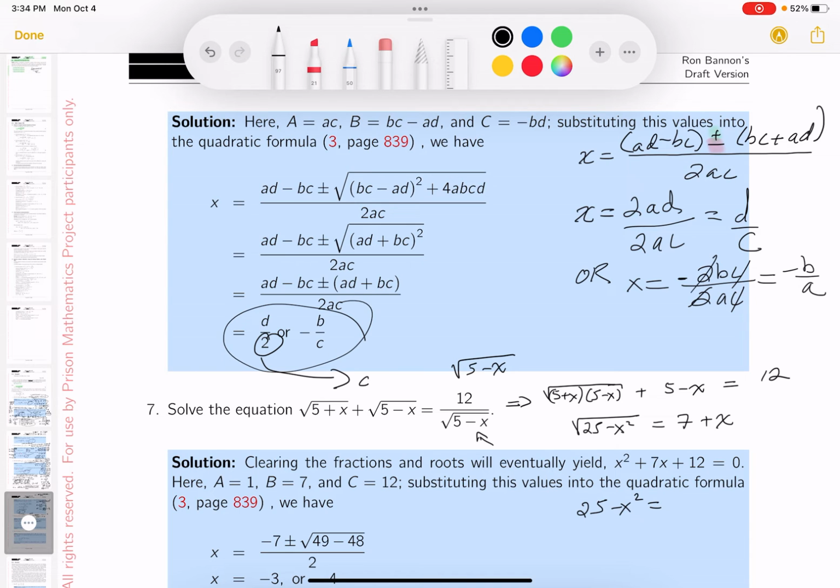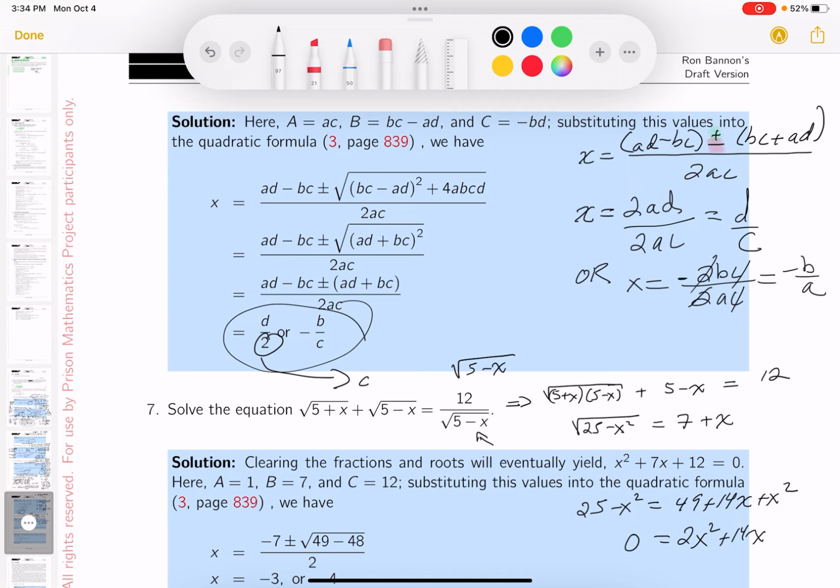And when you square 7 plus x, you get 49 plus 14x plus x squared. Well, I got to get to 0. It's a quadratic. 2x squared. Let's see what else you get. Plus 14x. That's not so bad, right? And then what would you get?